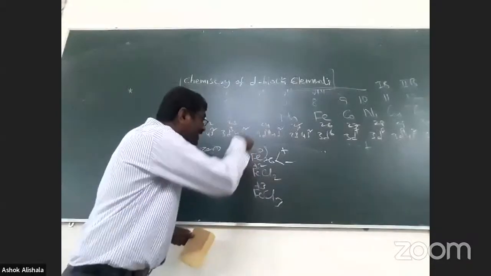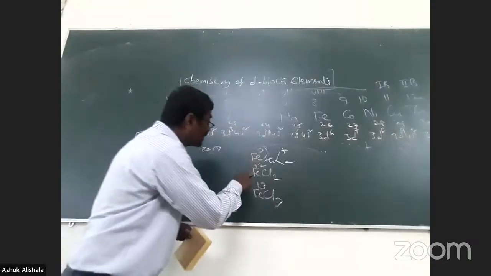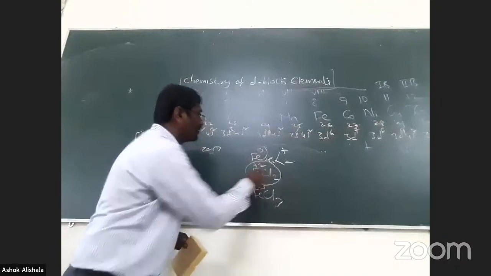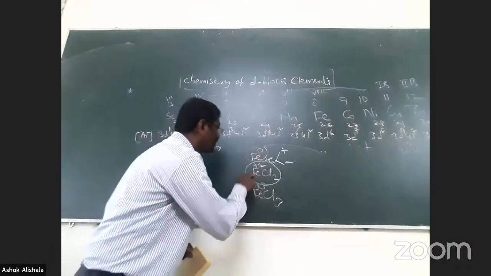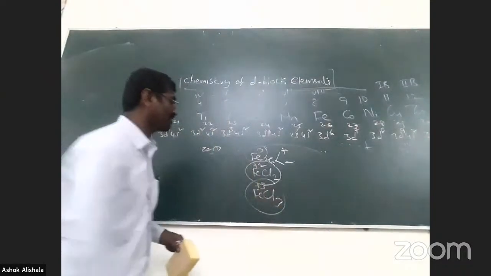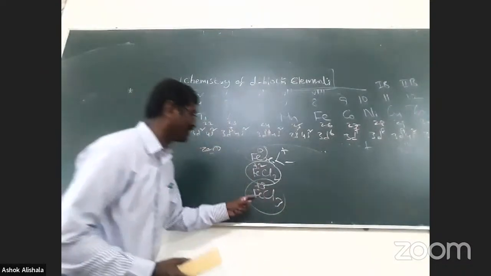But when you take its compounds, if it is a metal, while forming compounds it loses electrons. So here iron loses 2 electrons, therefore the oxidation state is +2. Here iron loses 3 electrons, therefore the oxidation state of iron is +3.